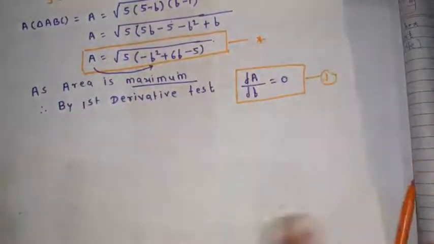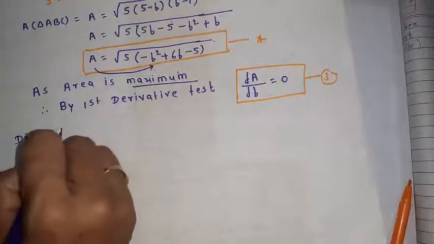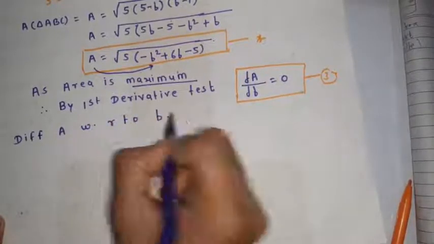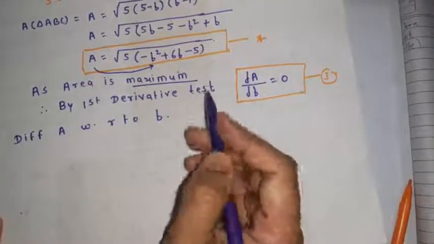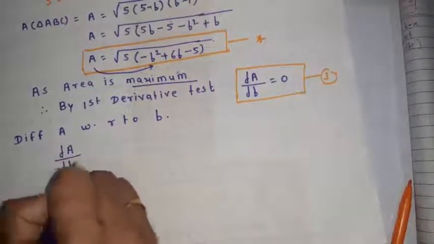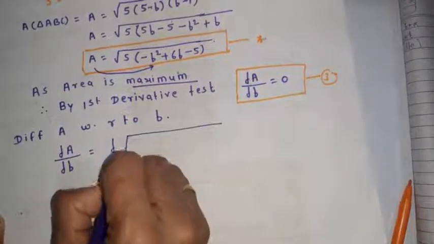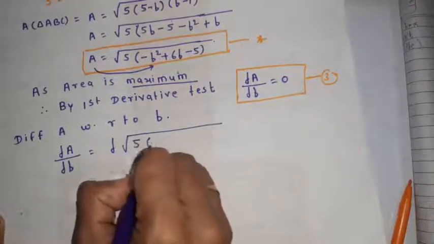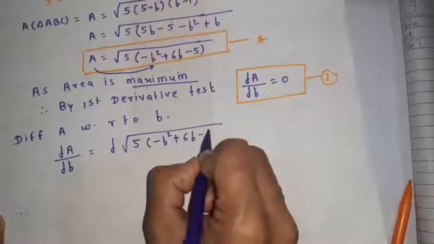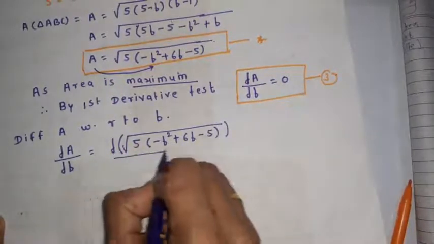Now differentiate area, differentiate A with respect to B, because area is a function of B, and that's why dA by dB equals the differentiation of square root of 5 into minus b square plus 6b minus 5 with respect to b.